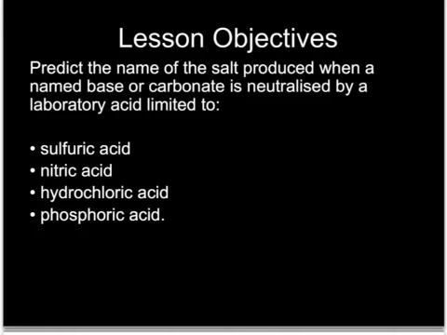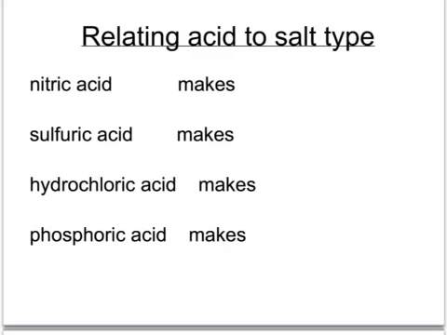Another skill you must have is to be able to predict the name of the salt produced when you're given a named base or carbonate and a named acid, limited to these 4 acids. So, nitric acid always makes a salt, which is a nitrate. Sulfuric acid makes a salt, which is a sulfate.